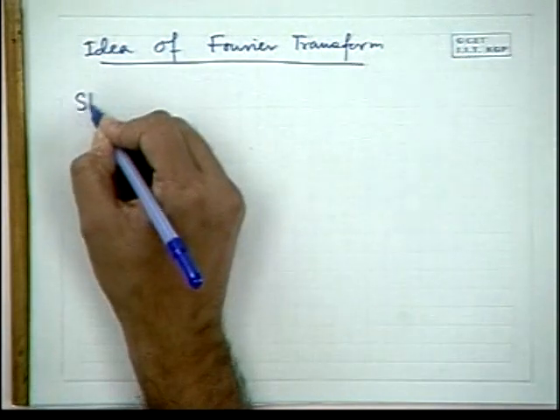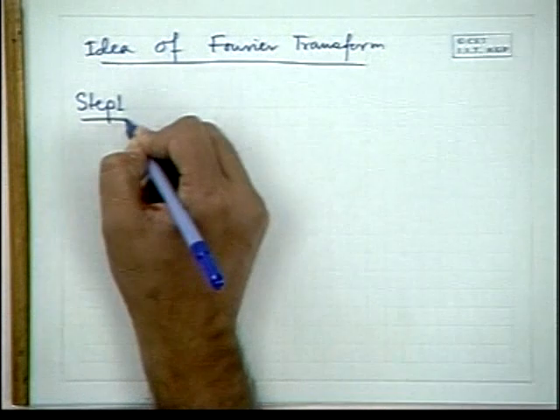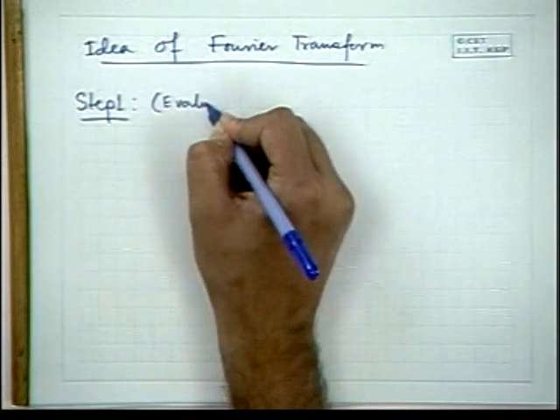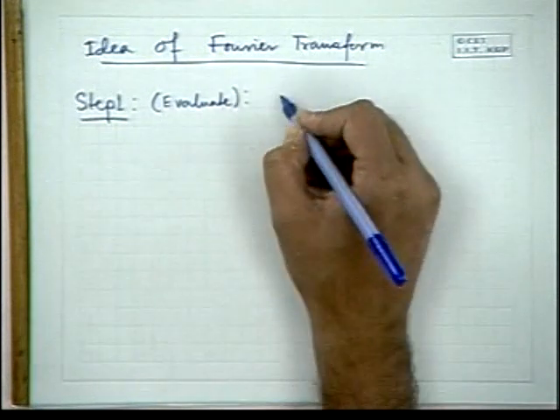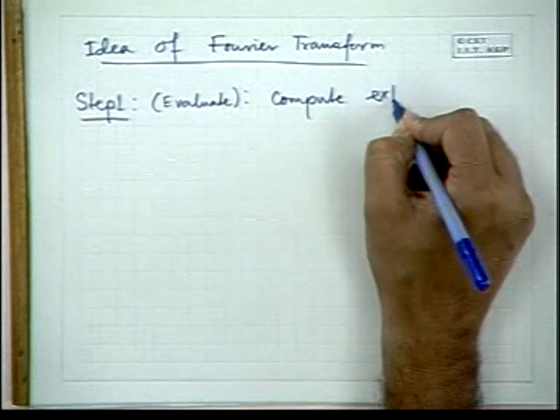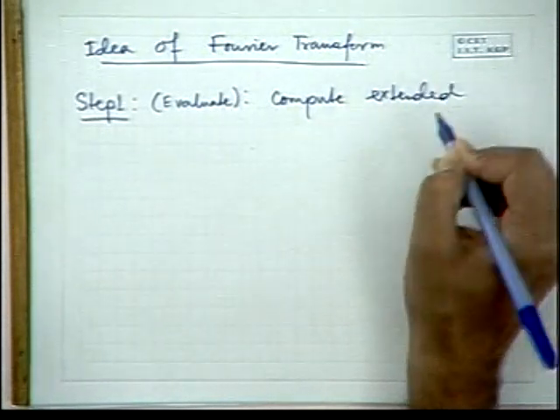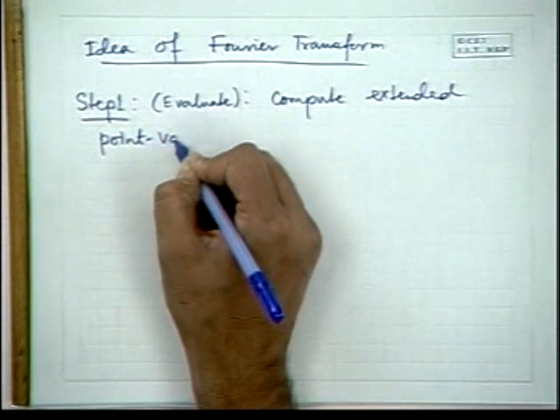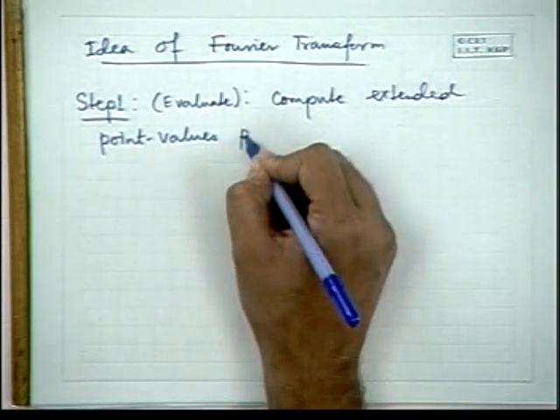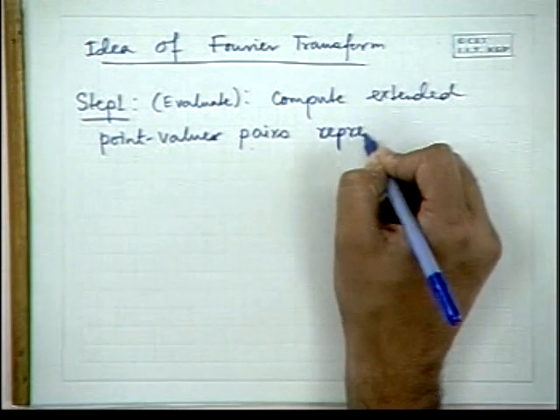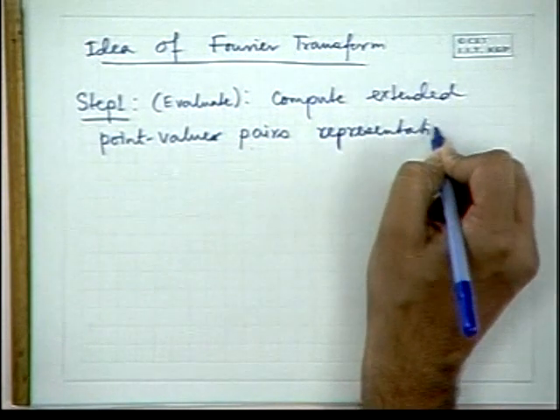There is a step 1. In step 1 we evaluate. This is the evaluation step. What do we evaluate? Compute the extended point value pairs representation. I will tell you what we mean by this.